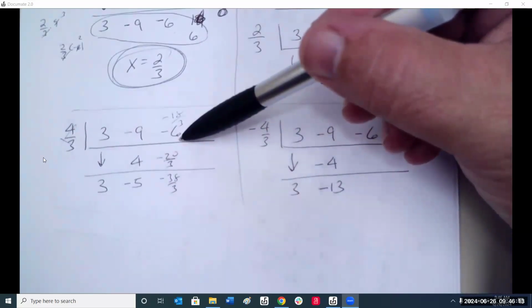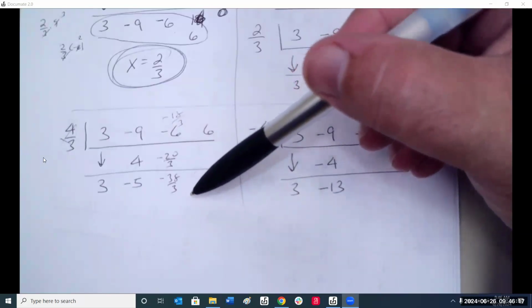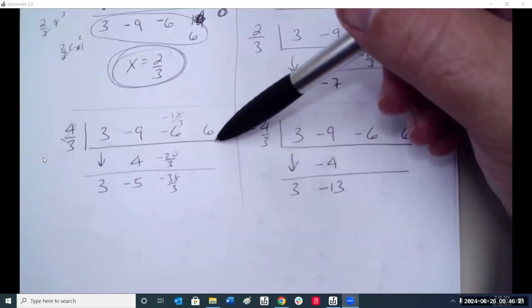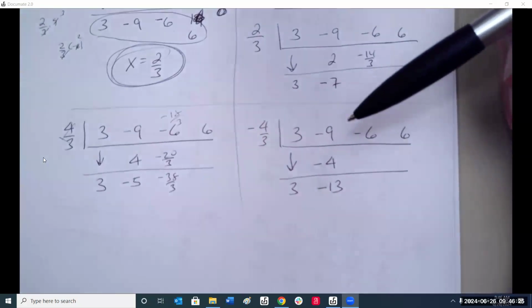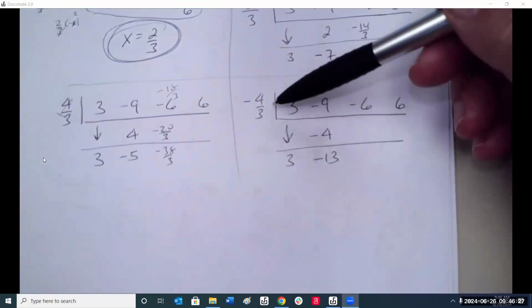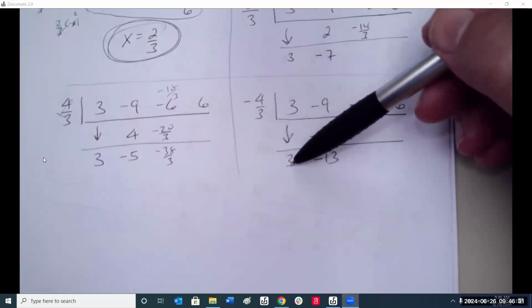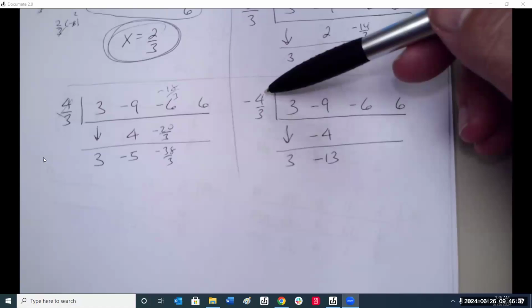That makes it negative 18 over 3, negative 38 over 3. So we have 3, makes it -4, -13.